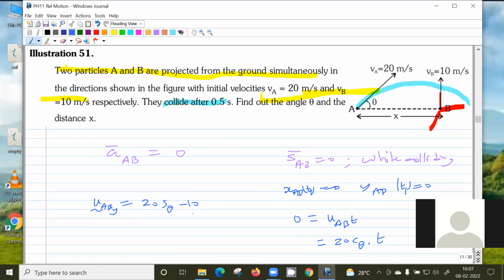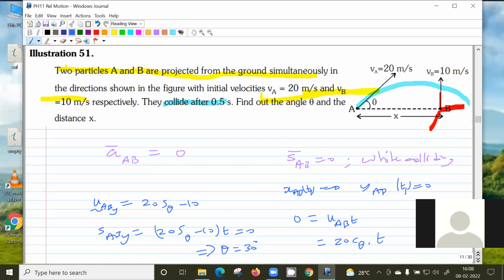So 20 sine theta minus 10, into T, is also equal to 0. Okay, I think this will give me theta as 30 degrees.